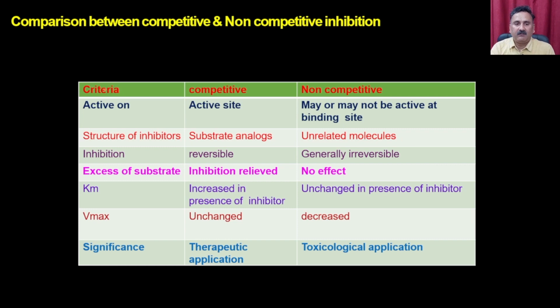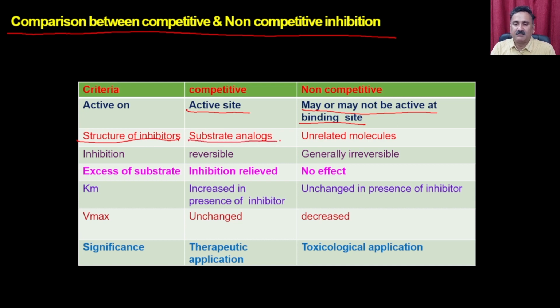So this is the tabular form I have given you, a comparison between the competitive and the non-competitive inhibitions. The competitive inhibition is active in the active site, whereas the non-competitive inhibition may or may not be active at the binding site. Then the structure of the inhibitor: most of the competitive inhibitors are substrate analogs, but the non-competitive inhibitors are unrelated molecules because they are supposed to bind to the allosteric site.